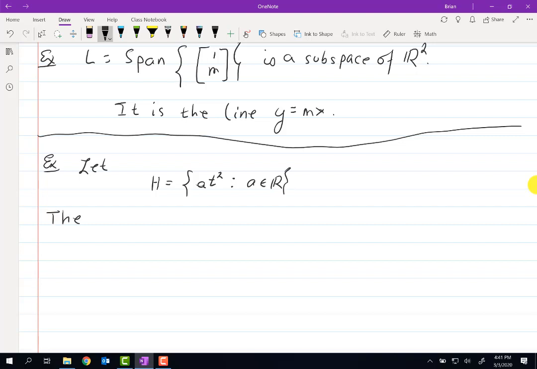Then H is a subspace of P, I guess we could say P squared is actually a subspace of P to the n, but it's a subspace of P squared because H is the same as the span of the single vector T squared. So it's automatically a subspace.